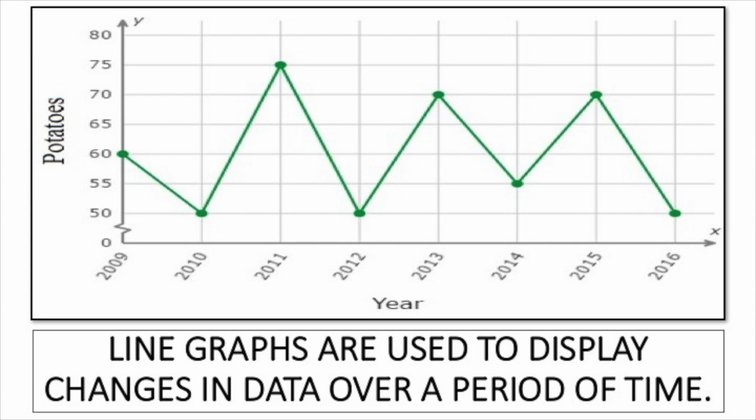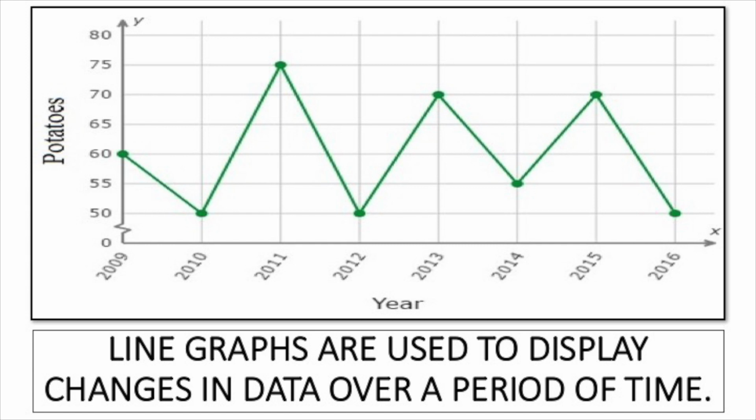But notice how the horizontal axis is years. So what we can do is we can use the different types of information to tell us the answers. For example, year 2010, how many kilos of potatoes were sold? For 2010, we go up and then we go across and we can see 50. Okay, so 50 kilos of potatoes in 2010.